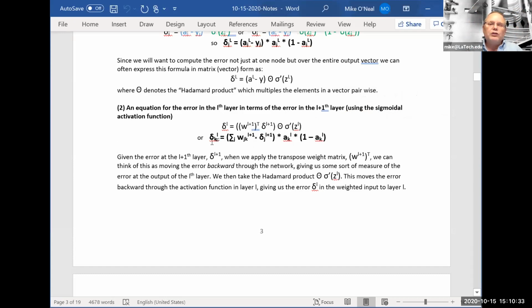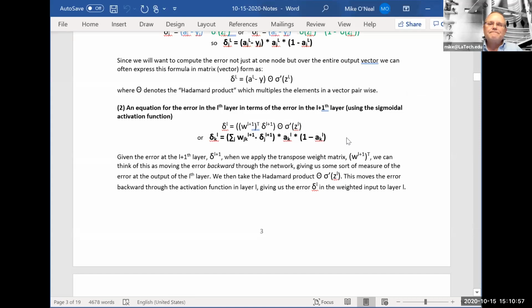And so when you're doing one of them, it's the weighted sum of the errors, and then times again, what was this? This is the derivative of the activation function. Well, that hasn't changed. It's still output times 1 minus the output.